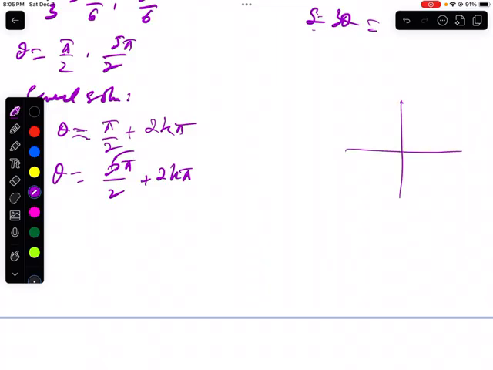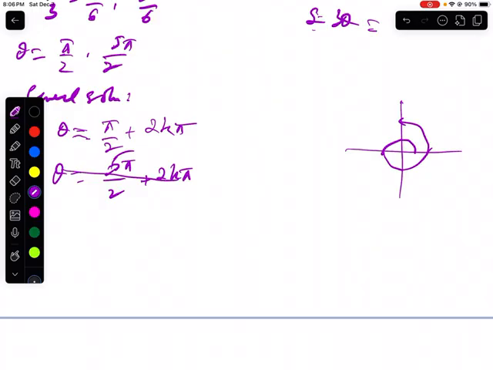Remember, this is 1 pi over 2, 2 pi over 2, so 3 pi over 2, 4 pi over 2, 5 pi over 2. So can you see the 5 pi over 2 is the same as pi over 2? So actually we don't need this one. This is just redundant, it's giving us the same angle or same value that we already have.